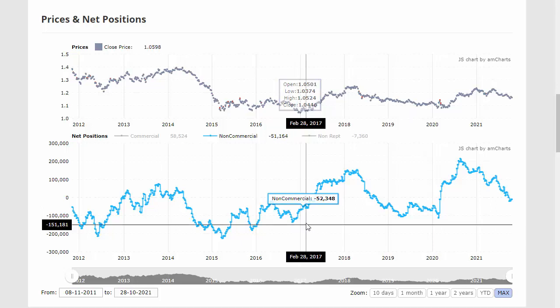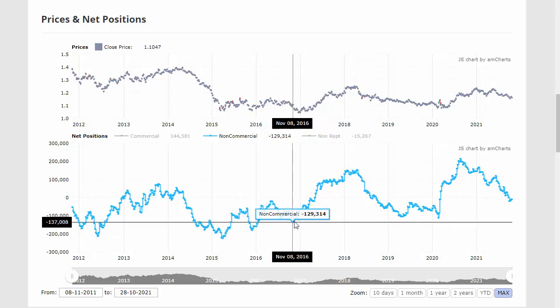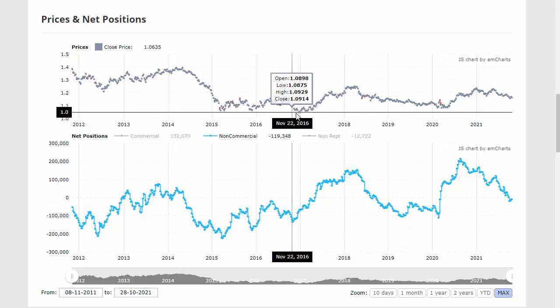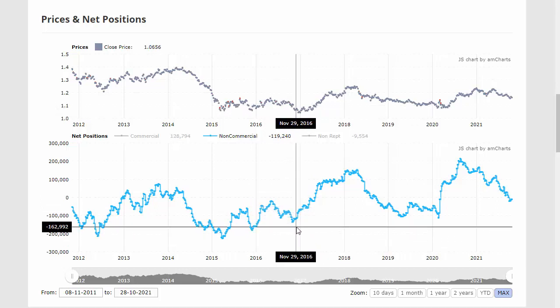But we can see down here that they'd made a higher low really in their number of short positions. So they weren't confirming, even though the euro was going to new lows, they weren't increasing the number of shorts that they had in the market.